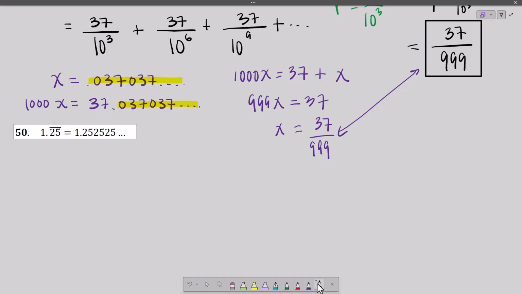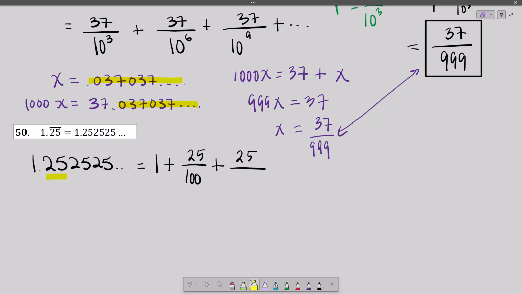Okay, how about this one? Let's first write it as, so we have this 2-digit repeating thing. So I'm going to rewrite this as 1 plus 25 over 100 plus 25 over 10,000.